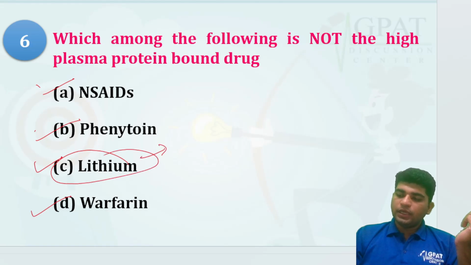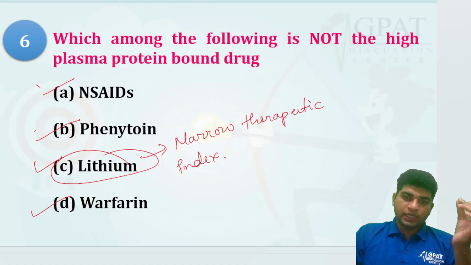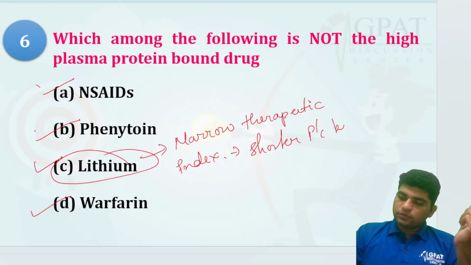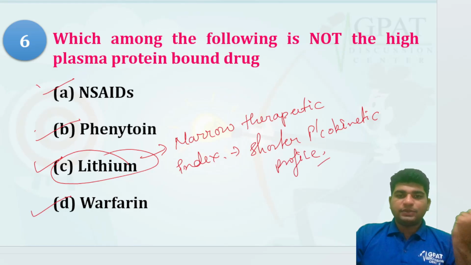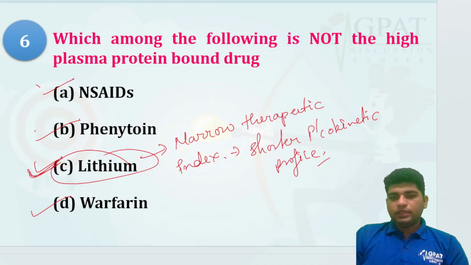Because it is one of the narrow therapeutic index drugs. It has a narrow therapeutic index and a shorter pharmacokinetic profile. That's why it does not have high plasma protein binding. So lithium will be the right option.